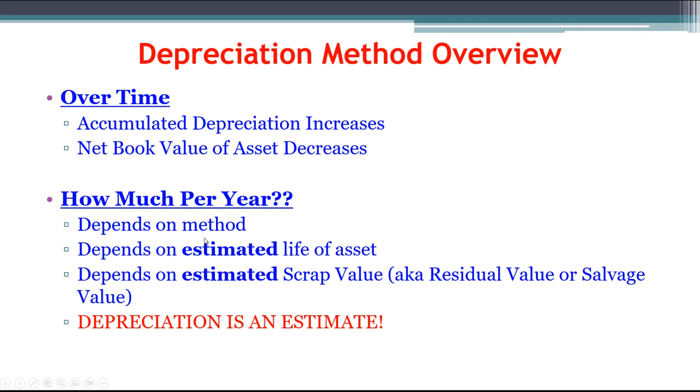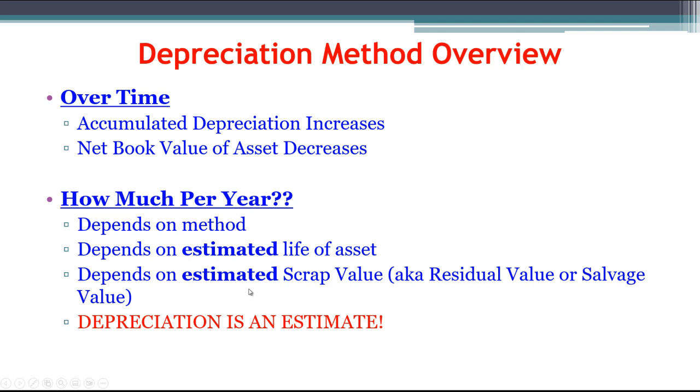So as far as depreciation, we gave the example of $1,000 per year a bit ago, but in reality we need to calculate that, and that'll depend on what method we're using, which we'll talk about in a bit. It'll depend on the estimated life of the asset, how many years, how many months. There are some other ways to measure life we'll talk about. And it'll depend on the estimated scrap value, also known as residual value or salvage value.